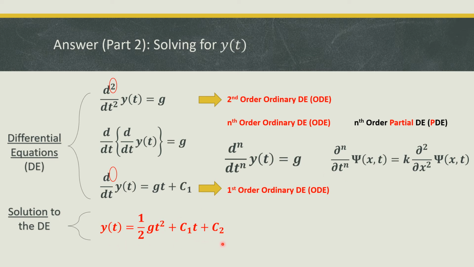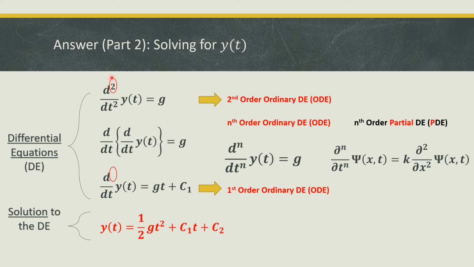And now let's look at the solutions. First, this solution has two arbitrary constants, c sub 1 and c sub 2. These arbitrary constants are artifacts of the integration processes, here and in a second integration process. And we did integrate twice because we have an order of 2 here.